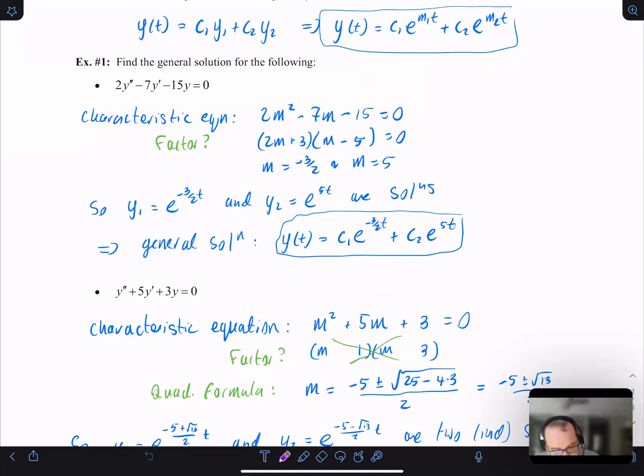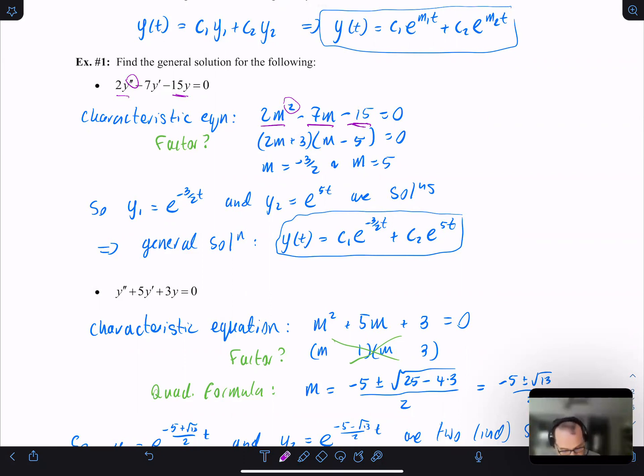I can just see it here. The characteristic equation will end up being 2m squared minus 7m minus 15. So the degree in the characteristic equation correlates to the order of the derivative in the differential equation. So be careful, 15y would just be a constant 15.